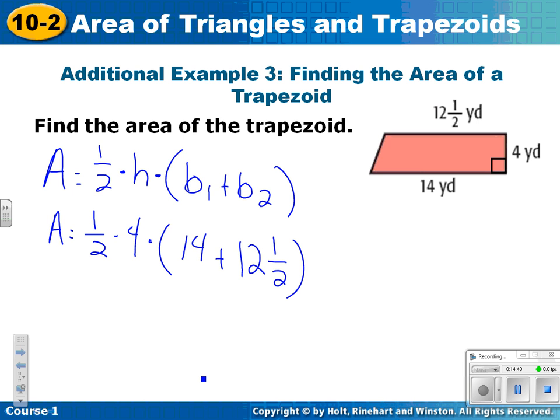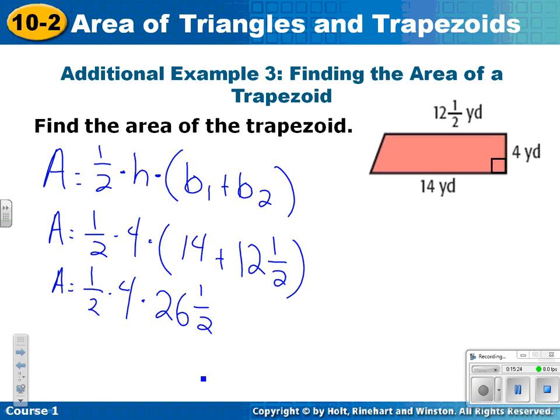Now we go all the way back to the beginning of the school year. We have to follow order of operations. We have to look at that and we have to follow order of operations. Order of operations says that we add those first because it's inside the parentheses. So A equals 1/2 times 4 times (14 plus 12.5), which is going to be 26 and 1/2.